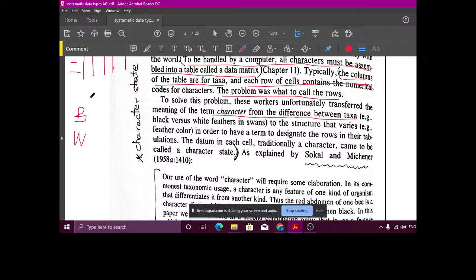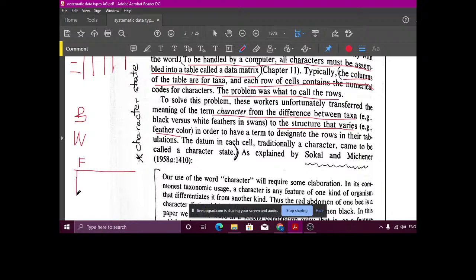If you make a column and row classification, you could not give it. So for this, they started using the term feather color. They started to refer to the structure that varied. So now you gave the name of a character as feather color.